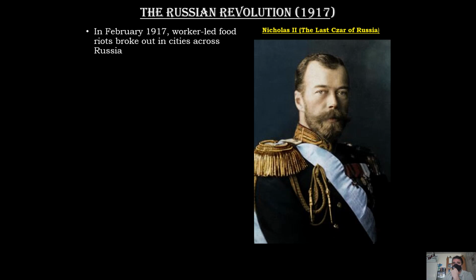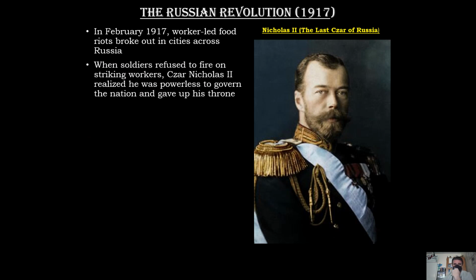Nicholas II, it is worth noting, is the last Russian Tsar. In February of 1917, because killing Rasputin didn't fix things, worker-led food riots broke out in cities across Russia. Historically, when the people are hungry, that's when things get set off.